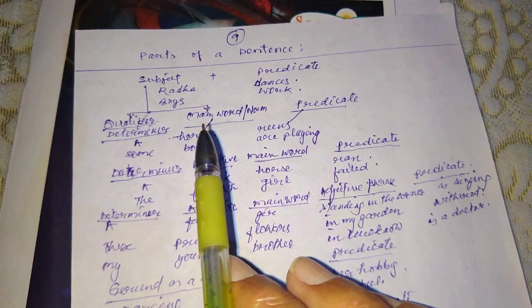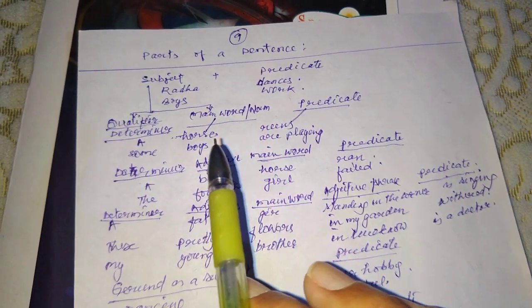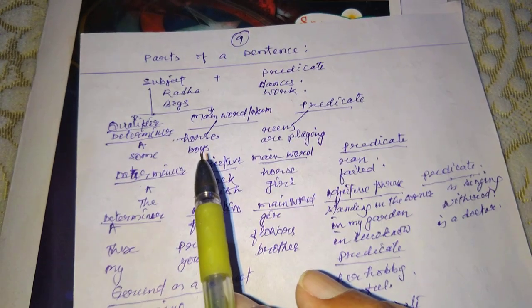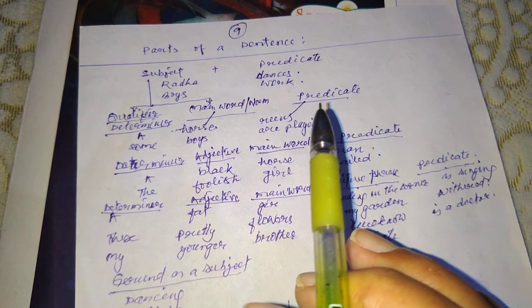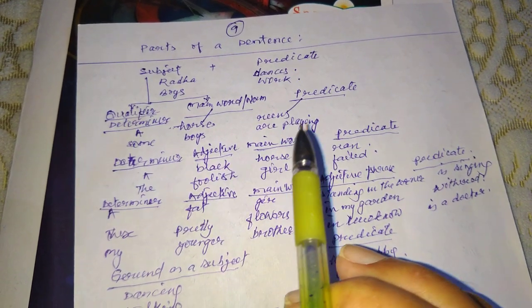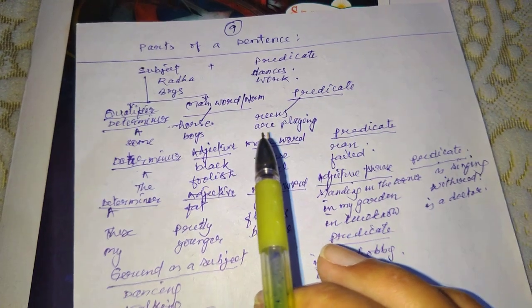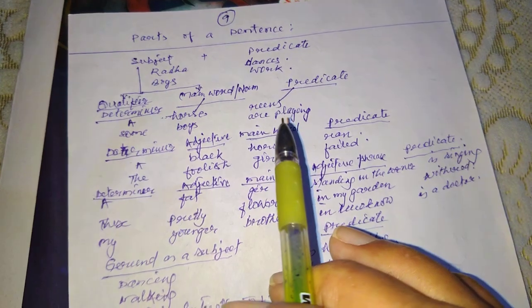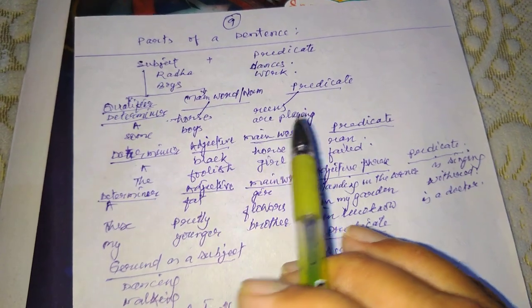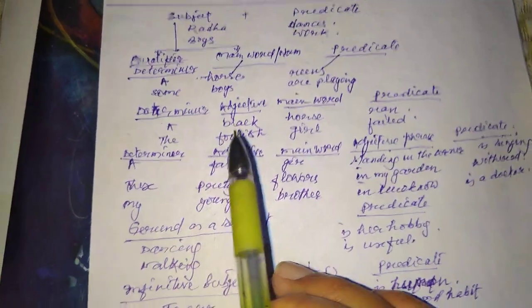The other is the main word or noun, that is boys. Let us see the predicate here. Are playing is the predicate. Predicate includes helping verb, main verb and the object.